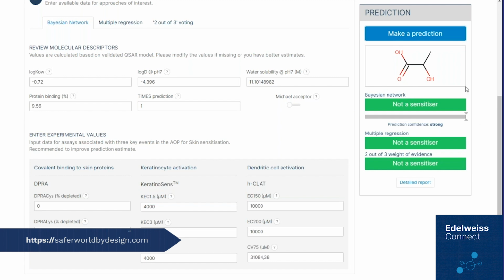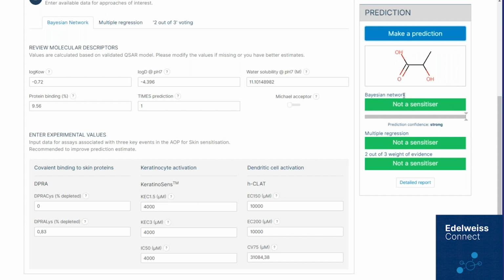And here we get a quick overview with a comparison of three different models. And we see that all three models, Bayesian network, multiple regression, and majority voting, predict that the compound is not a sensitizer in this case. And this is expected because all three in vitro assays are inactive in this case.